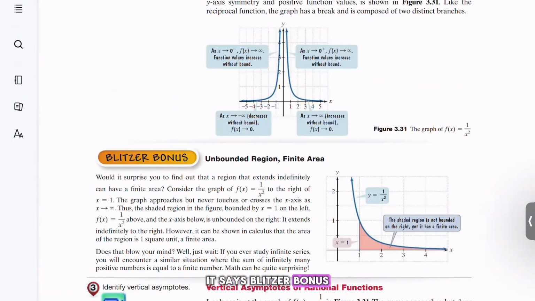It says Blitzer bonus, and it says, would it surprise you to find out that a region that extends indefinitely can have finite area? Area is something called integration when you are studying calculus. They're called integrals.